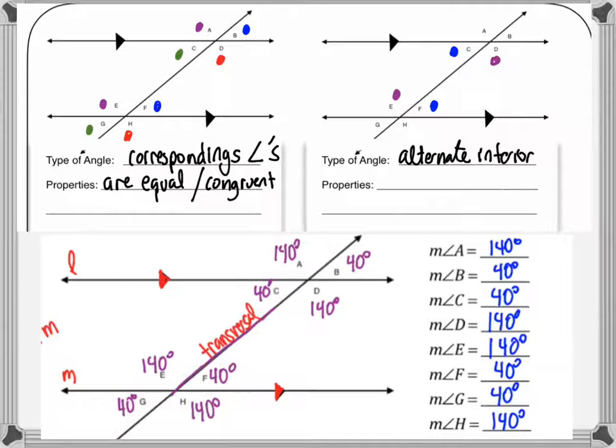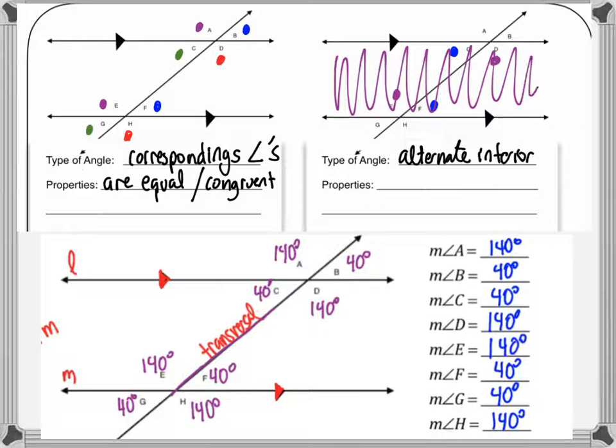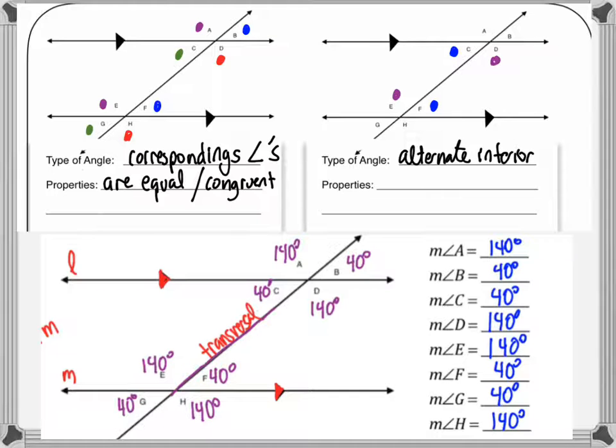And when we think of interior, think of the 2 parallel lines, just like interior design means the inside of a place, okay? So on the inside of these, like that's a long hallway right there, that's where they exist, all right? And they're on alternate sides. That means they're on different sides of the transversal, okay?